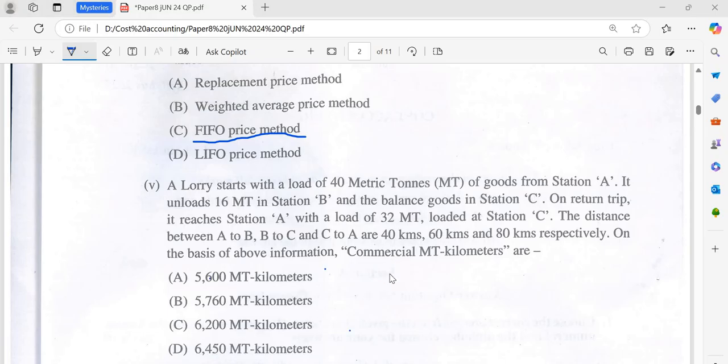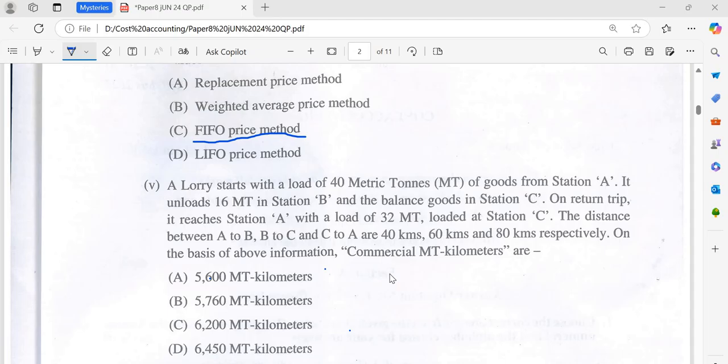So for calculating commercial MT-kilometers, the same kind of problem we will be having in operating costing in our textbook. First we need to calculate the average of weight.